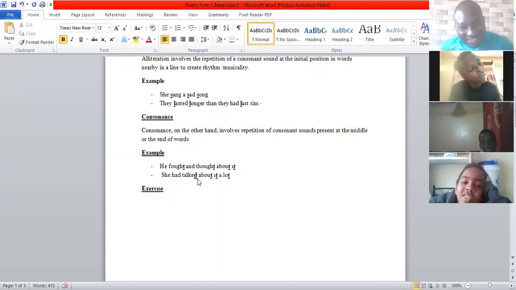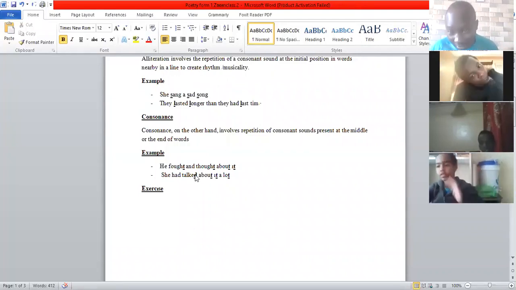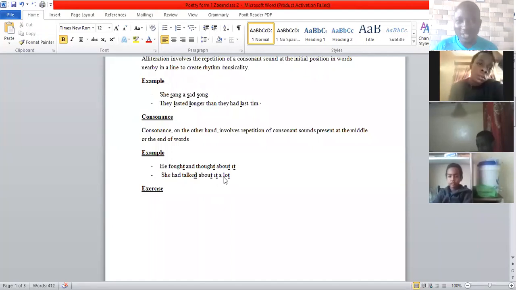So that's why we are taking this D, though it is a letter D. The sound produced is T. Though this letter is D, yes, the sound produced is T, not D. We say "talked about it a lot", so you can see that T, T, T coming so many times.